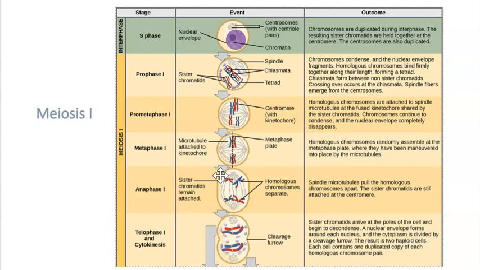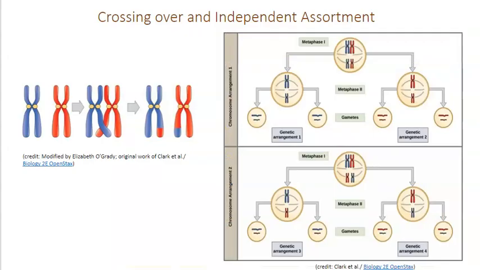Tetra means 4. So we can see the tetrads, or homologous chromosome pairs, aligning on the metaphase plate. And they align randomly. This random alignment is called independent assortment.